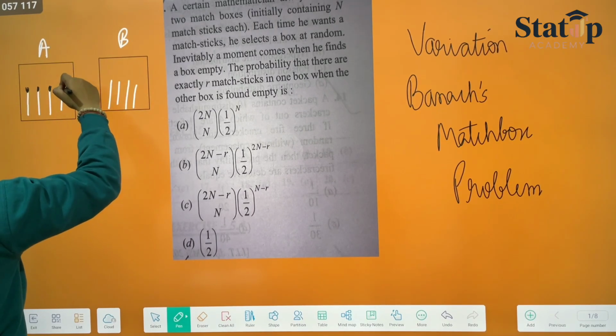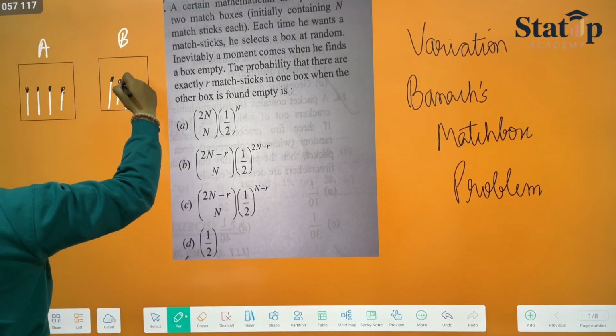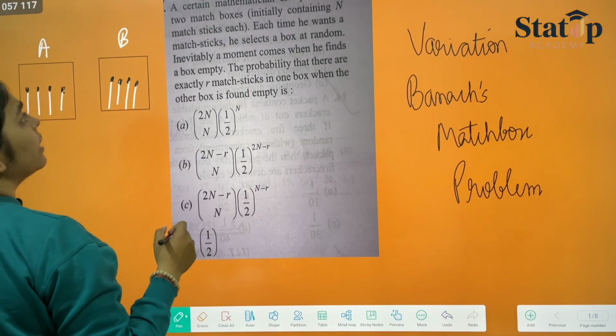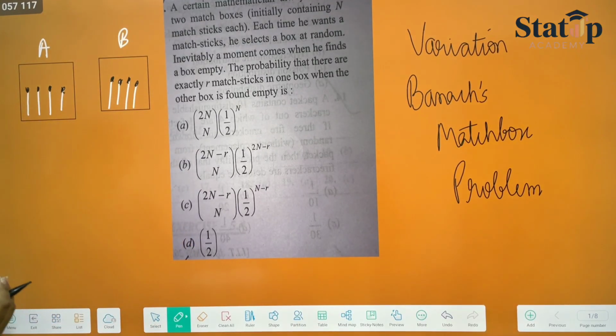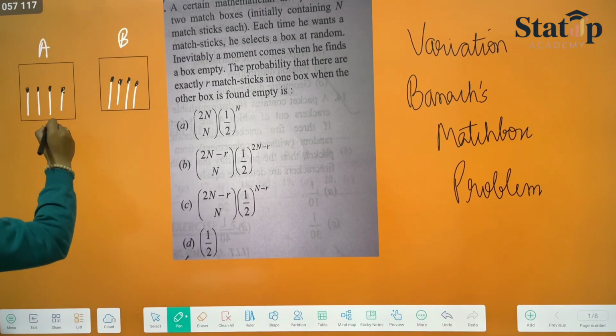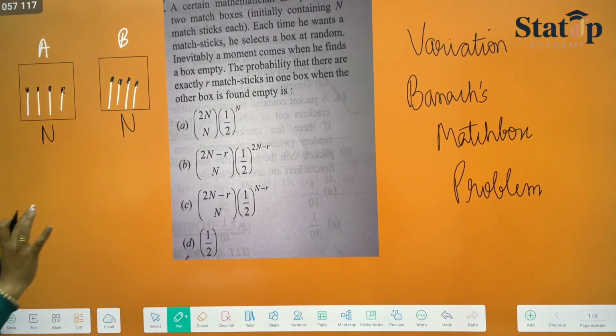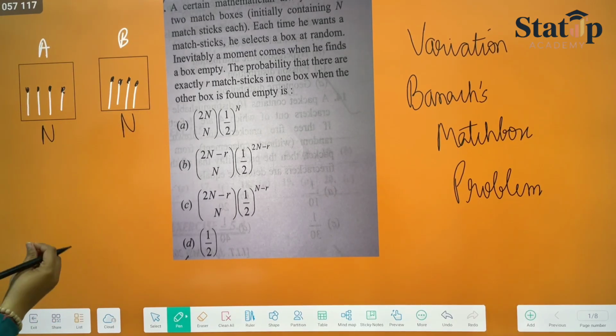One person has these two boxes, a mathematician who always carries two matchboxes initially containing n sticks each. So this also contains n sticks, and this also. Each time he wants a matchstick, he selects a box at random.